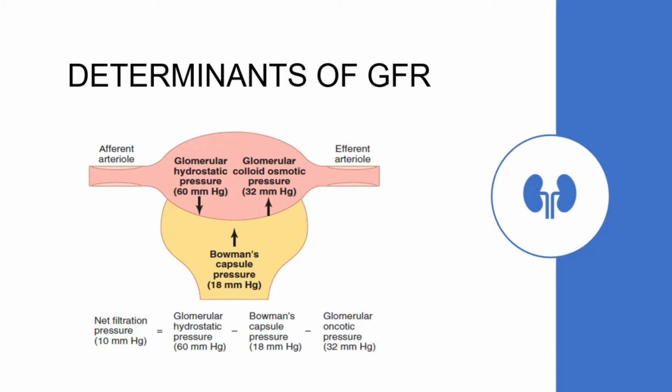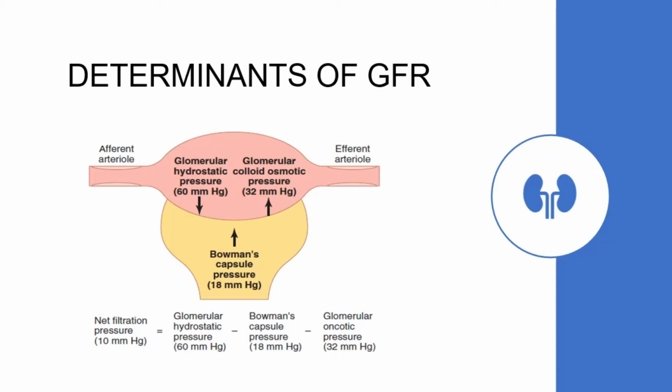As we can see in the diagram, the glomerular hydrostatic pressure, corresponding to 60 mm mercury, is the major force favoring filtration. Conversely, the glomerular colloid osmotic pressure, measuring about 32 mm mercury, is exerted by the proteins that cannot be filtered across the capillary membrane, and favors reabsorption.